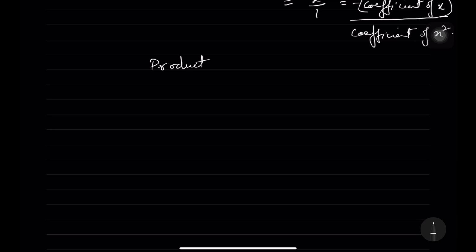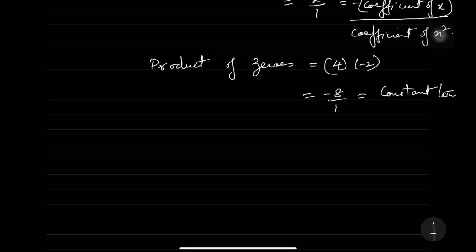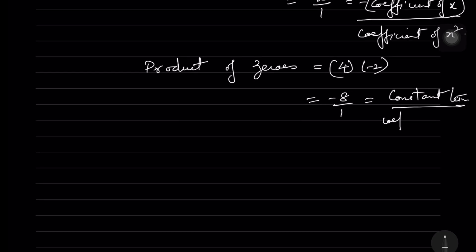So you are getting 2 by 1, but in the formula we have written minus of coefficient of x, so it will become minus 2. Okay. Then product of the zeros is 4 into minus 2, which is minus 8 by 1. Constant term is what over here? Constant term is minus 8 by 1. Okay. So this is the answer which we are having.